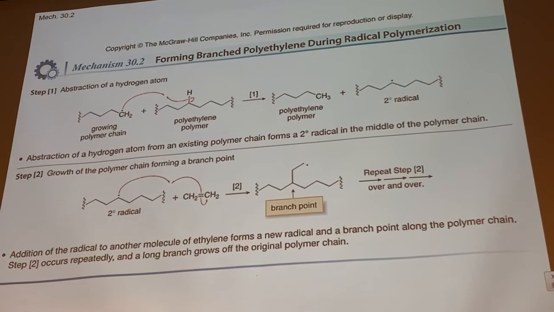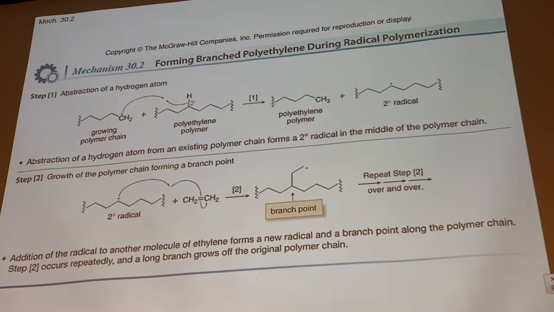So as the chain grows and you generate these primary radicals, it is thermodynamically favorable for the primary radical to abstract a hydrogen atom from the backbone of another chain, because that will generate a secondary radical. Your chains are growing, and then every so often they will bump into each other, and the end of one chain will be able to abstract a hydrogen atom from the middle of another chain. And that's thermodynamically favorable, going from a primary radical to a secondary radical.